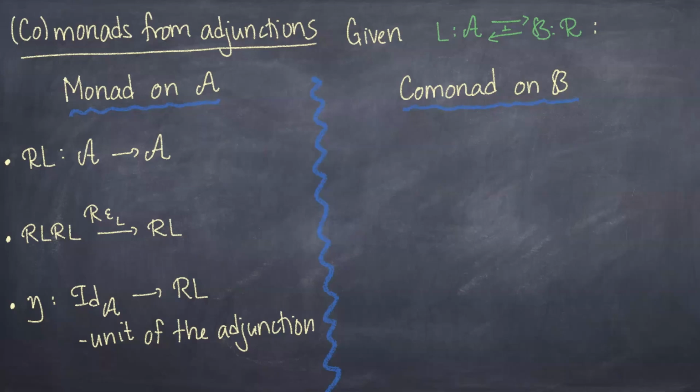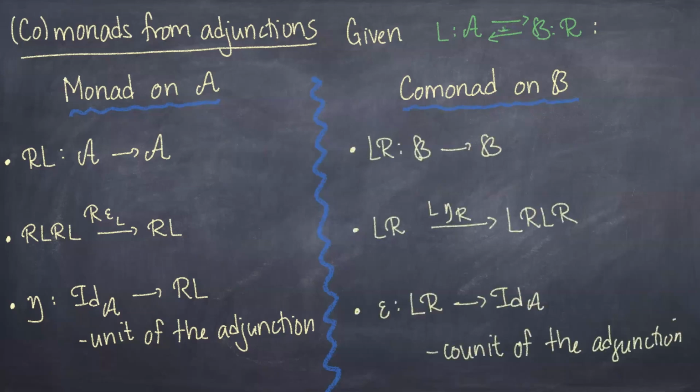If I look at the composite RL, it's an endofunctor from A to A. I can use the co-augmentation of the adjunction to give me a map from RL to RL, and the unit of the adjunction is going to be the unit of my monad.